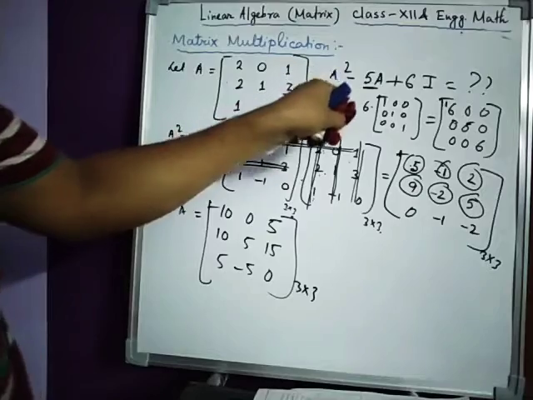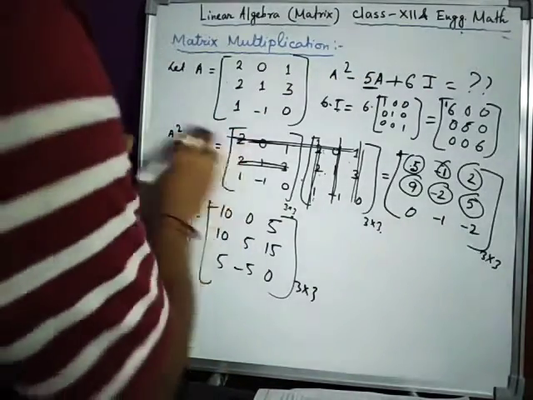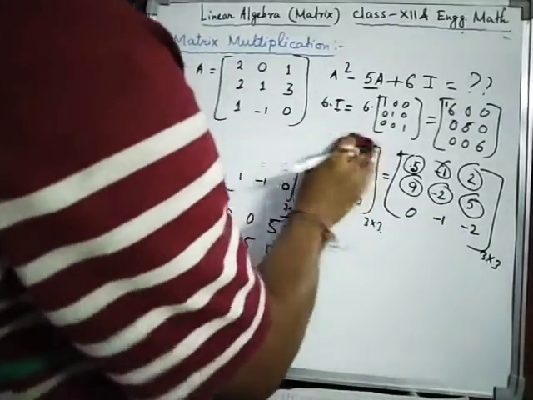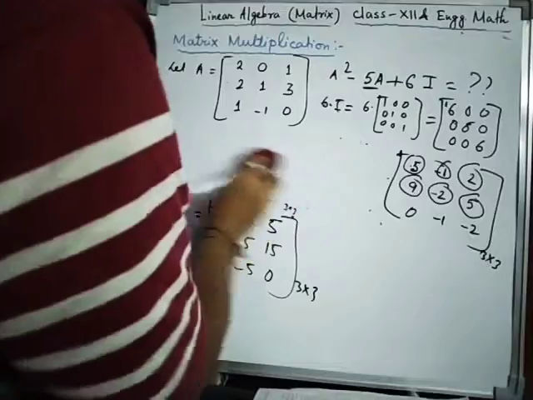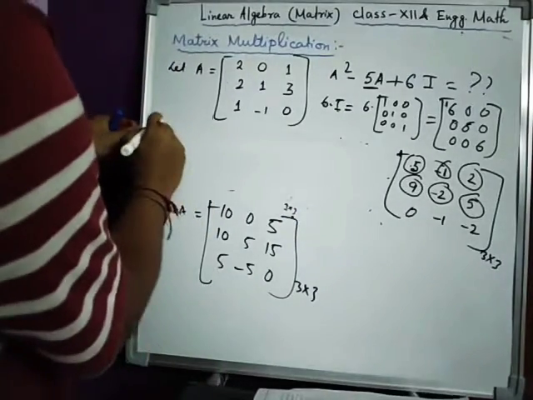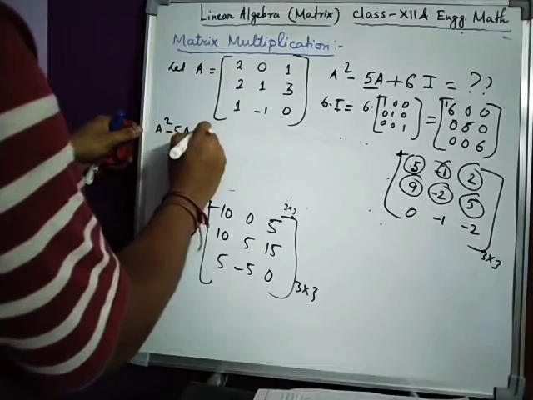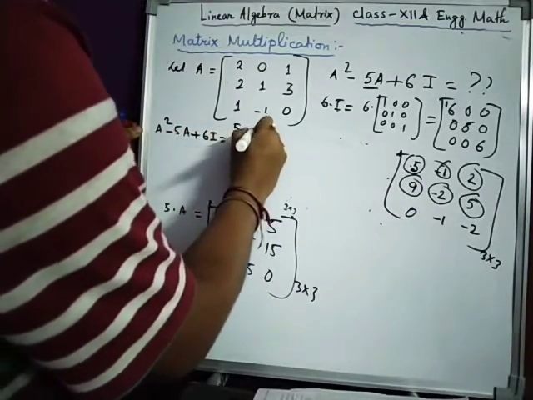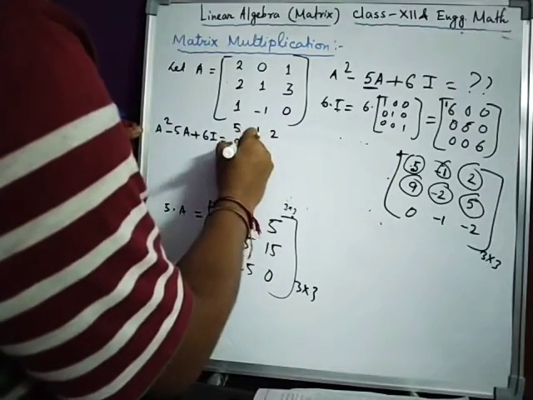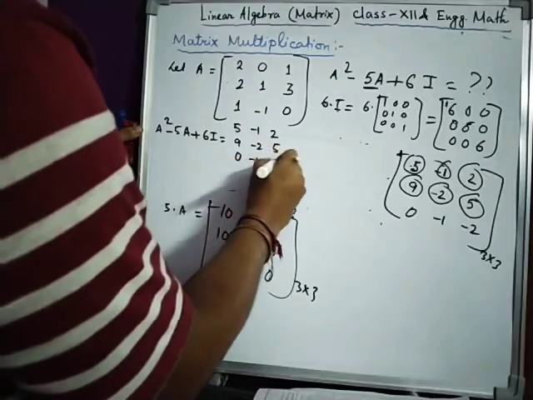Now arrange in this way: A square minus 5A plus 6I. You have to solve it in this way. Now I am writing the matrix. Please remember this is the A square. Now A square minus 5A plus 6I. A square is this matrix: 5 minus 1 2, 9 minus 2 5, 0 minus 1 minus 2.